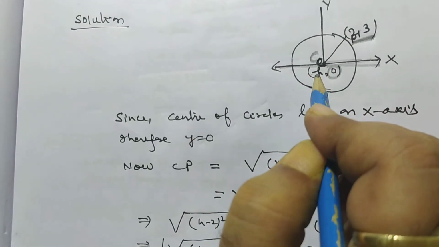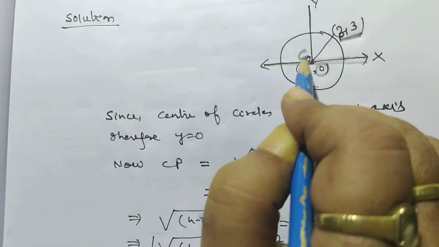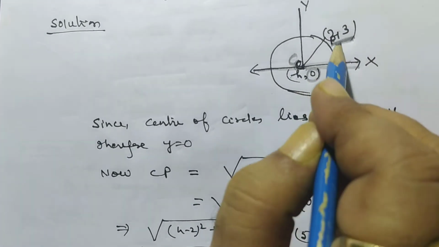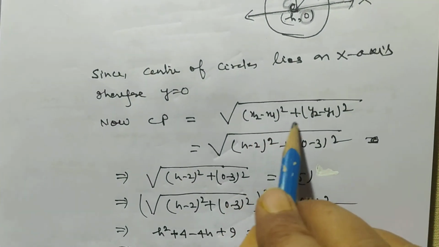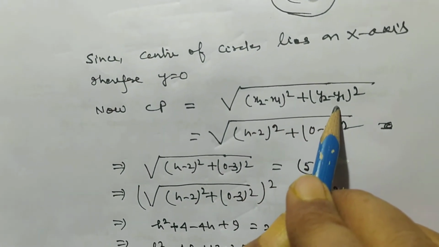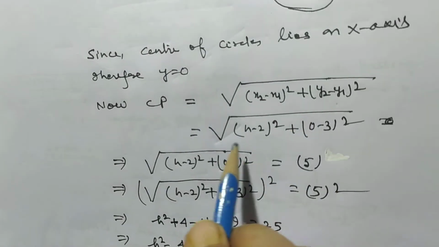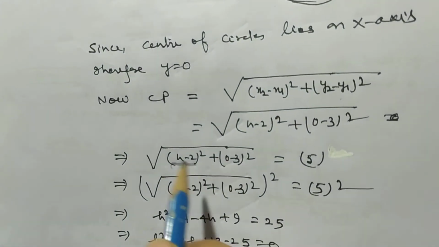We have the distance between the center and this point P. CP will be x2 minus x1 whole square plus y2 minus y1 whole square. So, my dear students, it will be h minus 2. Now you see a fresh figure.